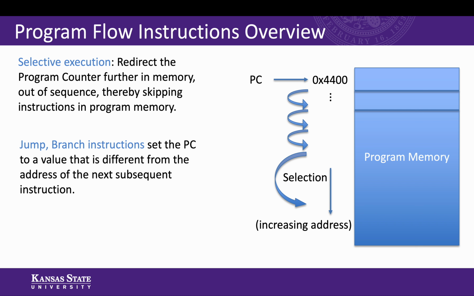So for example, if you code an if-else statement, you would provide statements that are executed if the if statement is true, and you will provide statements that are executed if the if statement is false. The way it's handled in the machine is that the opcodes and operands of both groups of statements are stored in program memory.